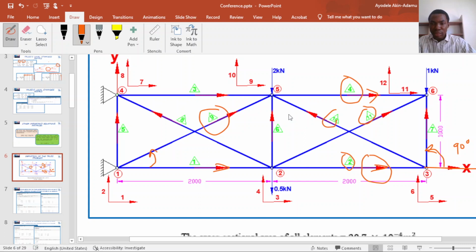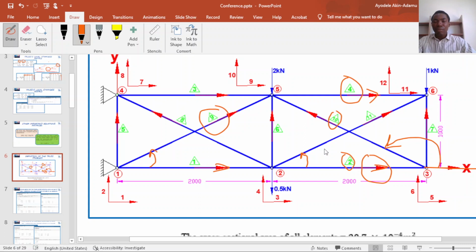For element 10, the arrow definition is pointing from node 3 to node 5. So our measurement of angle will be taken from node 3 because the arrow is pointing from node 3, and the angle will be defined by this. For element 11, the arrow is pointing from node 2 to node 6. So the angle will be defined by this.